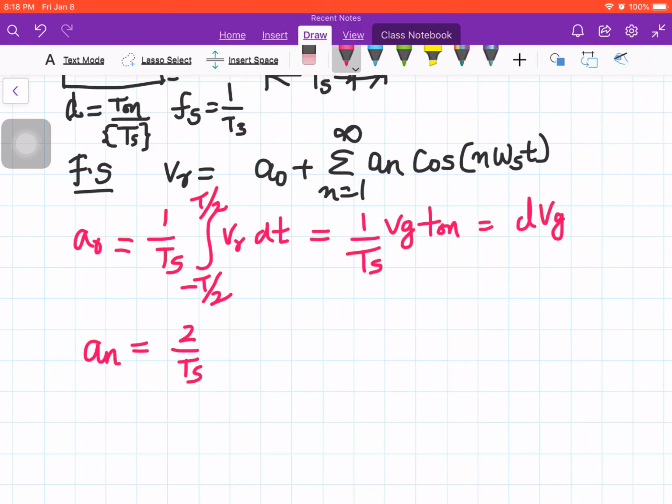signal, I'm just writing out the definitions of the Fourier coefficients here. But the point I want to make is the following.